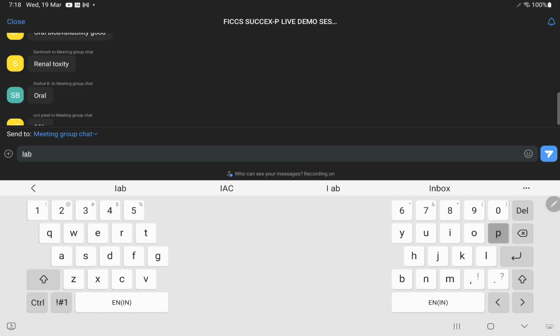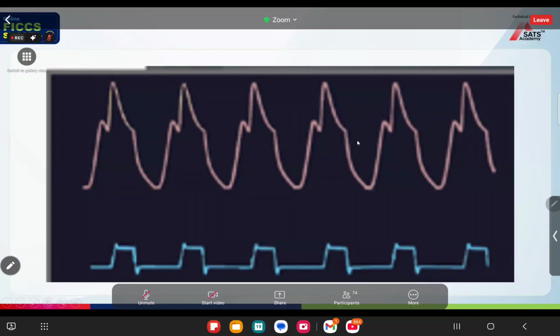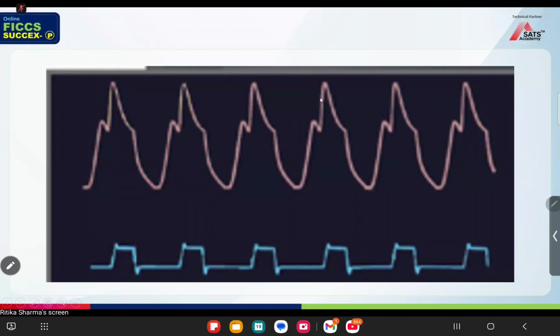Which arterial waveform? It's an IABP waveform. Can you see this is normal, or can you see any problem with this? Is it normal or any issue? No, ma'am. It is abnormal, and I think there is an early balloon inflation. Good.